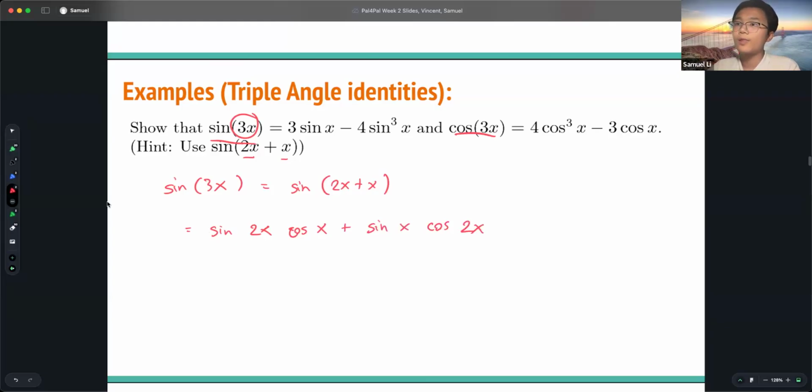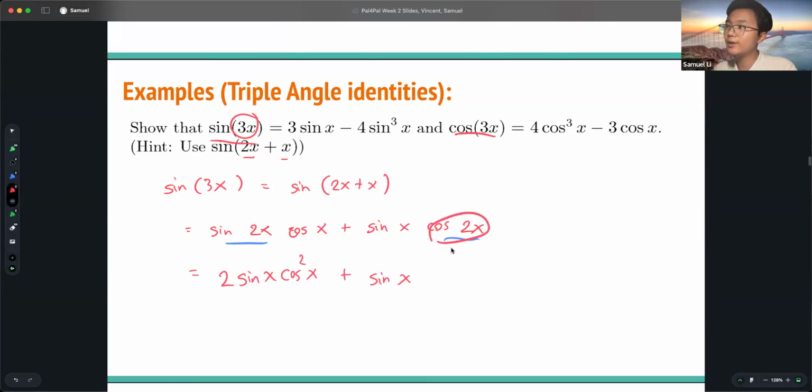And these two terms right here are still not standard sine x, cosine x. So we use the double angle identities to deal with them real quick. Combine these two, and then this one right here becomes sine of x.